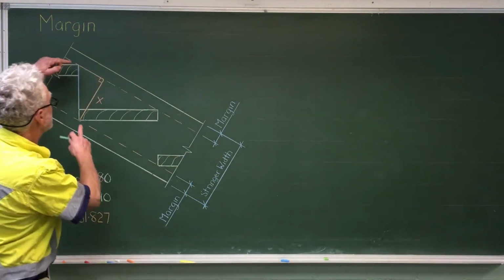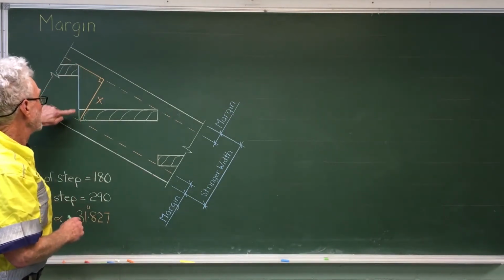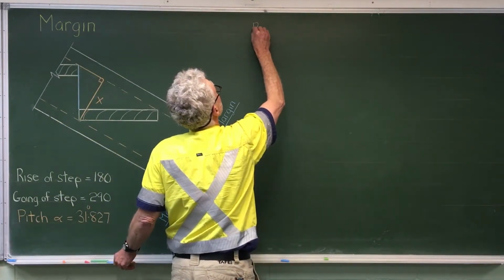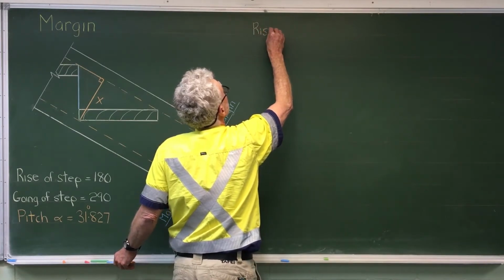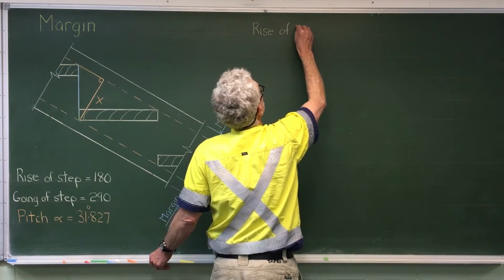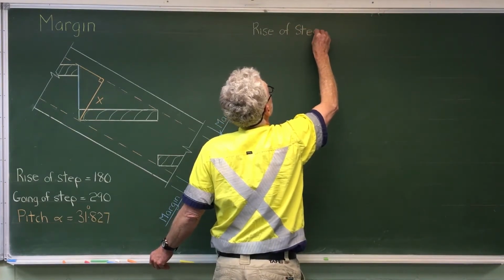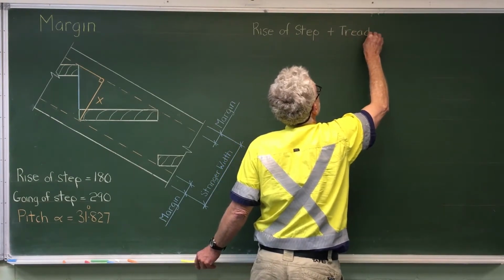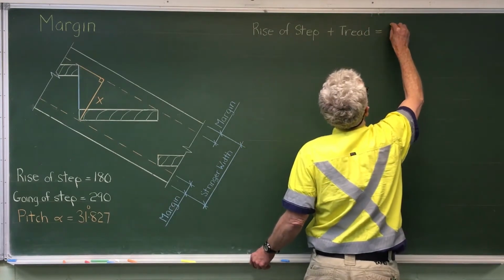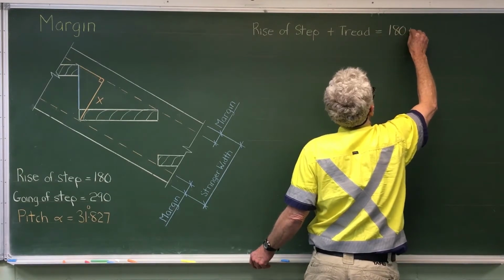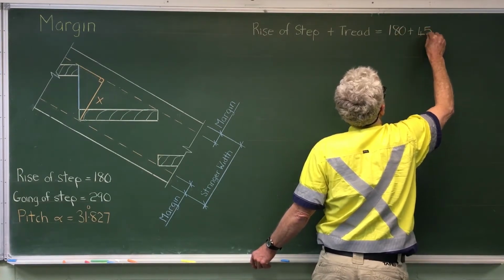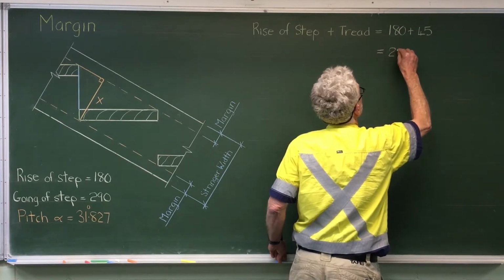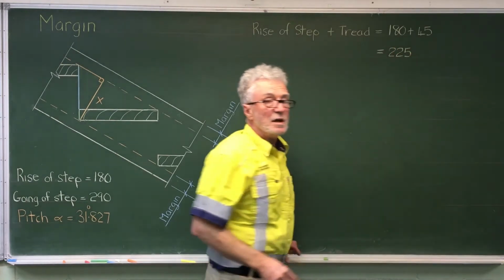So we can calculate this side of the triangle, its rise of step plus the tread, (180 plus 45) is 225.